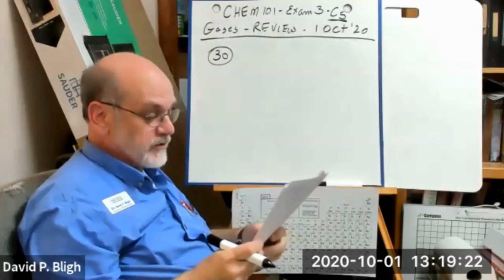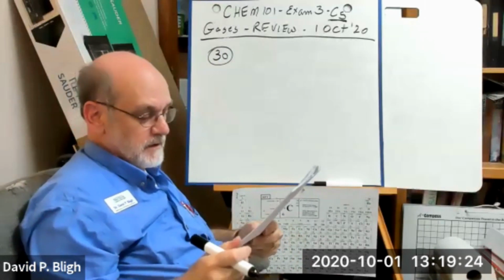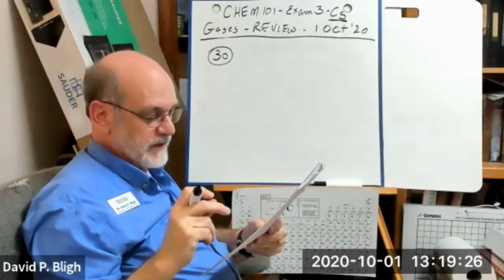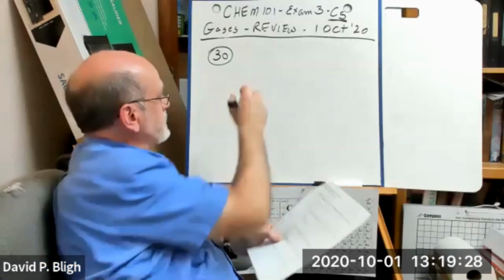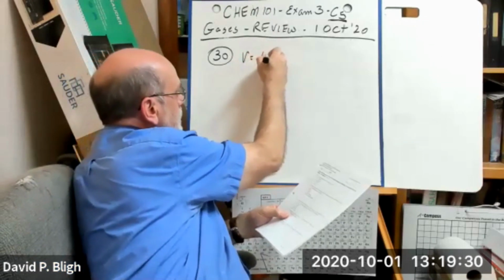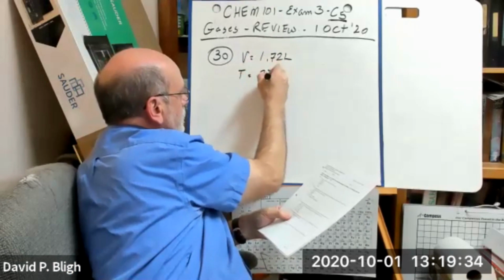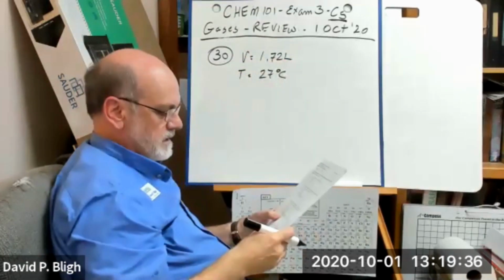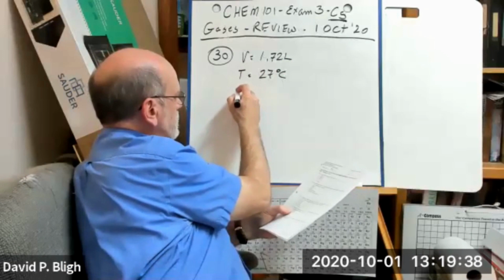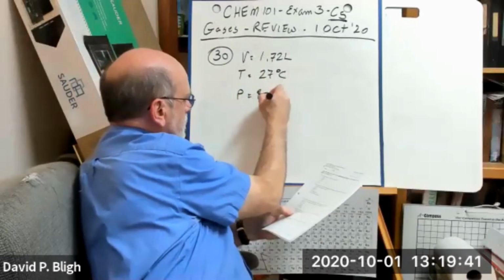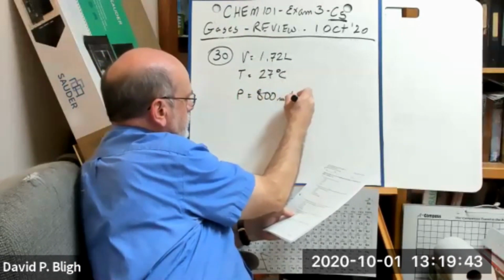A sample of oxygen gas has a volume of 1.72 liters at 27 degrees Centigrade, and 800 millimeters of mercury.